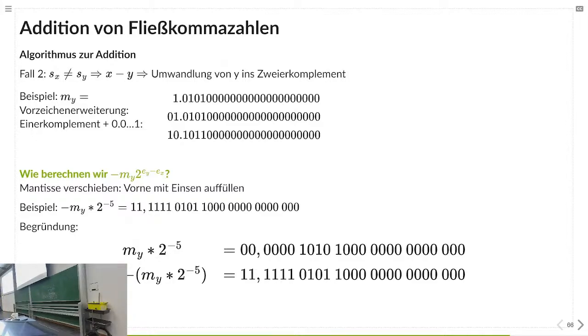Okay? Jetzt ist ein Beispiel. Wie können wir Addition mit negativen Zahlen benutzen? Dann müssen wir noch einmal gucken. So, gehen wir zurück zum Item.